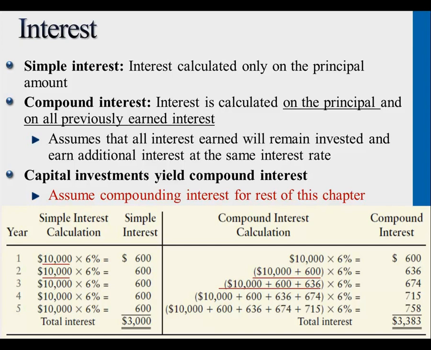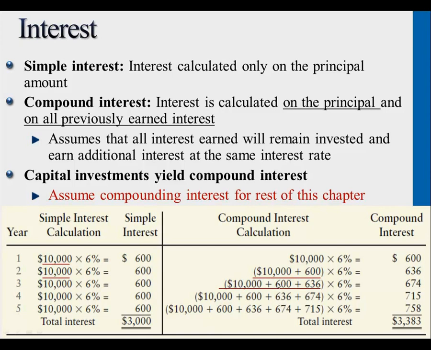But the second year is where we see the difference. It's our 10,000 plus the 600 that we earned in the first year, and then we multiply that by 6%, and that's how we get 636. Now what's happening the third year?